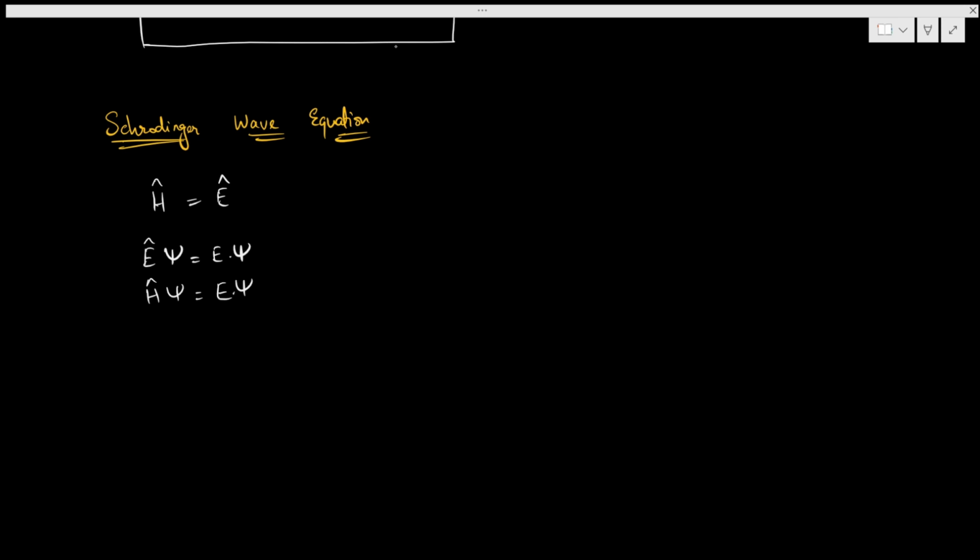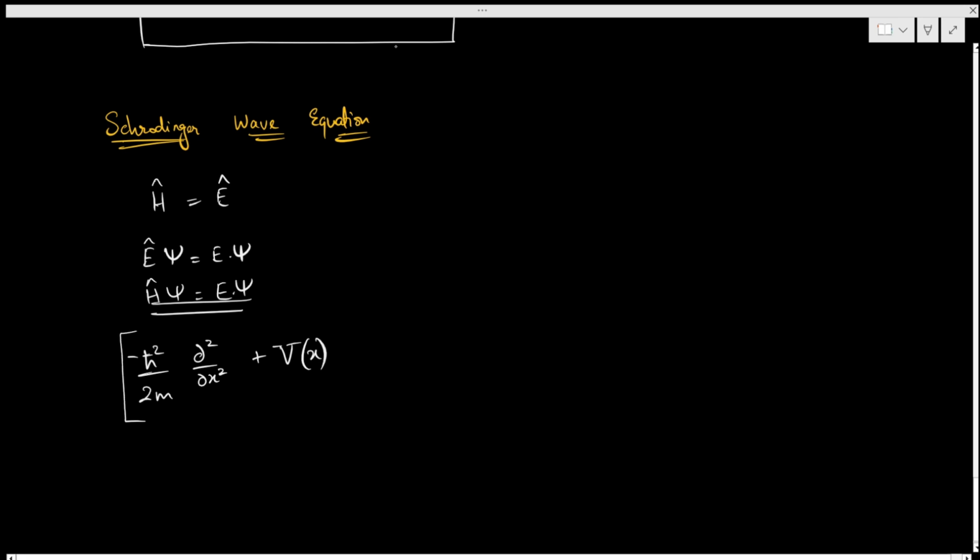So if I just expand this expression here, minus h cross square by 2m into dou 2 by dou x2, which is your kinetic energy operator, plus v of x, which is your potential energy operator. This whole thing applied to psi is equal to E psi.